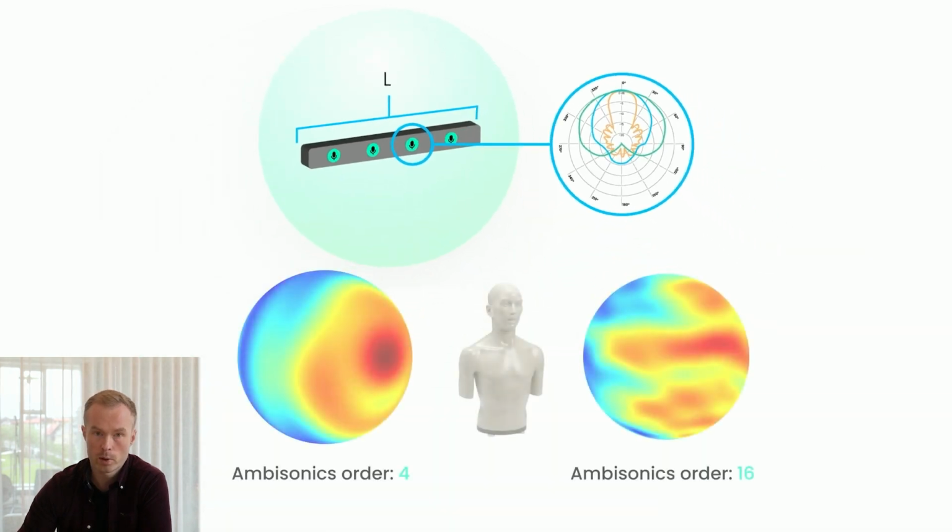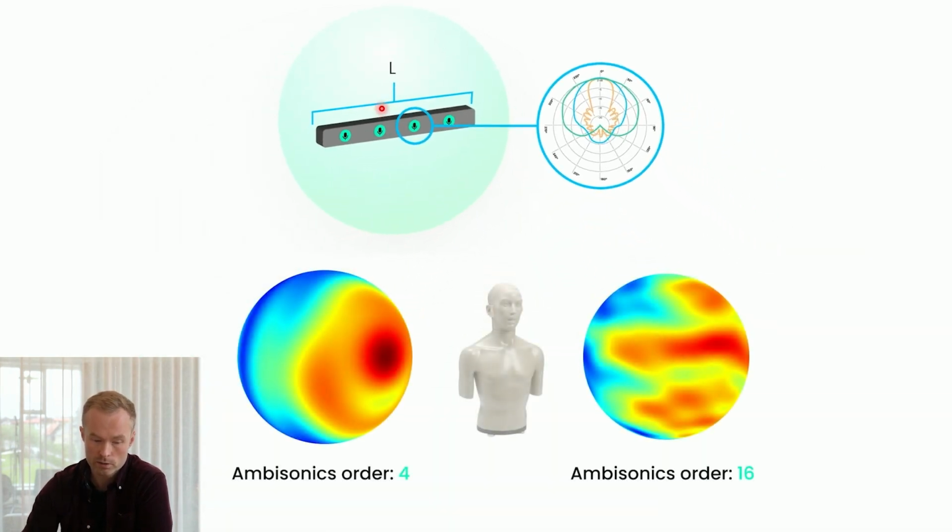And I have an example here, which is not for this device, it's for a KEMAR, where we render one of the ears with, on one hand, ambisonics order 4, and on the other hand, ambisonics order 16. And you can see that ambisonics order 4 is like low pass filtering spatially compared to ambisonics order 16, where you capture much more detail.